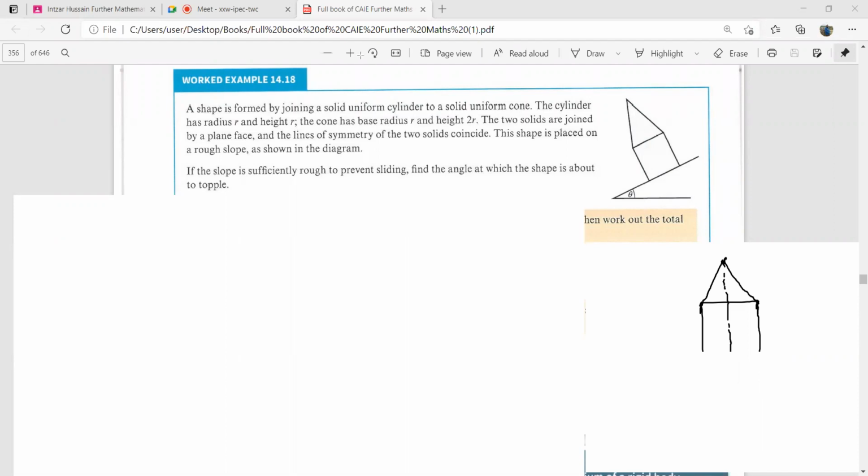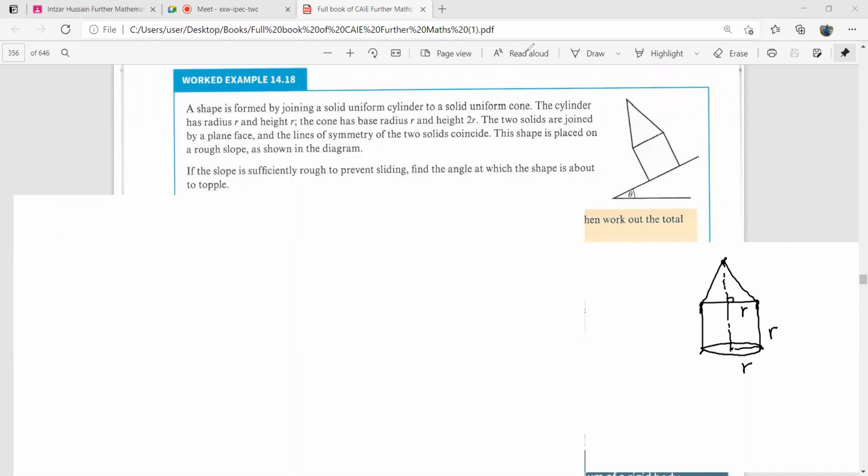The cylinder's base radius is r and its height is r as well. So this much is r, and this much is r. And the cone has a base radius r and height 2r.